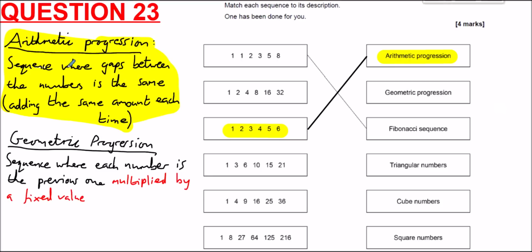So with an arithmetic progression, we're adding the same amount each time. With a geometric progression, we're multiplying by the same amount each time.